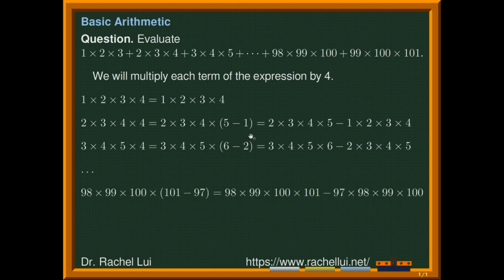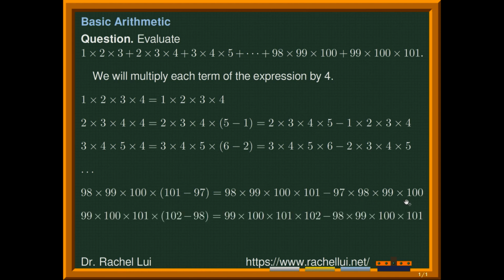So this process continues. And for the second-to-last term, I will also multiply by 4. And I change the 4 into 101 minus 97 because I need both numbers. So by the distributive law, I have 98 times 99 times 100 times 101 minus 97 times 98 times 99 times 100. For the last term, I have 99 times 100 times 101 times 4, and I change the 4 into 102 minus 98.